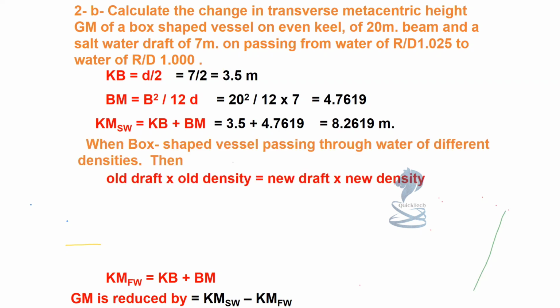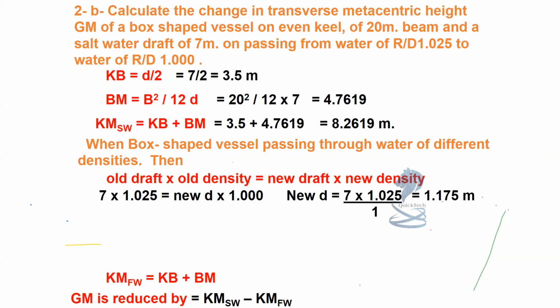Now, as we know, when a box-shaped vessel passes through water of different densities, the formula that applies is old draft into old density is equal to new draft into new density. Putting the values, old draft 7, old density 1.025, new draft D and new density 1, we get the new draft is equal to 7.175 meters.